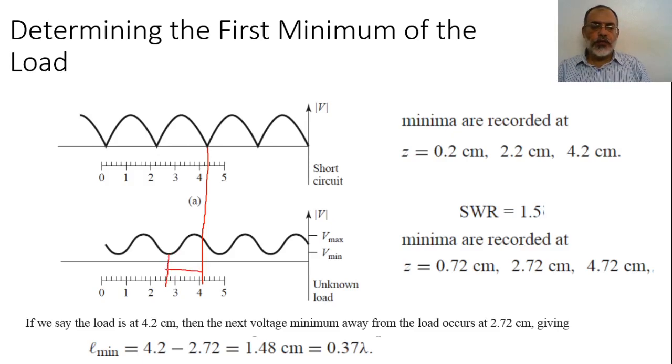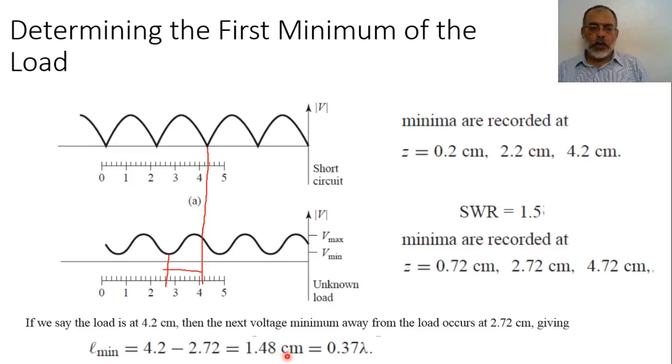So the distance from here to here corresponds to the length to reach the first minimum. This length would be 4.2 centimeters minus the location of this minimum, which is 3.72 centimeters, so it is 1.48 centimeters.